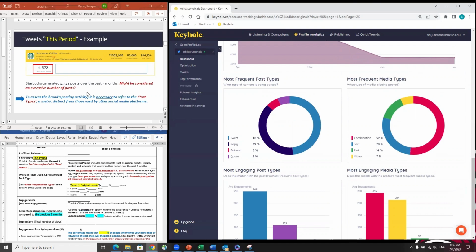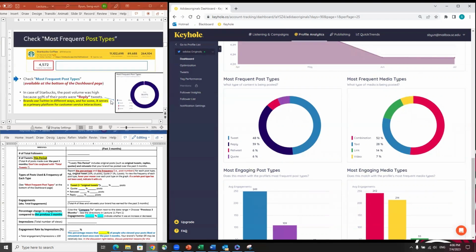But before you make that decision, you want to browse the data more carefully and check out the percentage for reply versus original tweet. Over 98% of the total tweets were actually reply posts. They focus on one-on-one interactions and commenting on specific individuals' comments. Of course, they interacted with other users, but mainly focused on one-on-one interactions. So when we consider that kind of purpose, 4,000 posts for the past 3 months may not be that many.